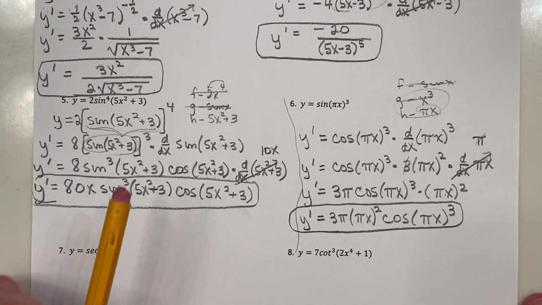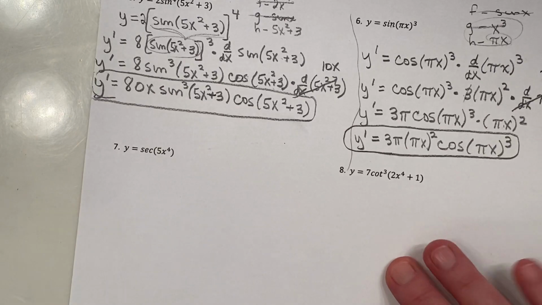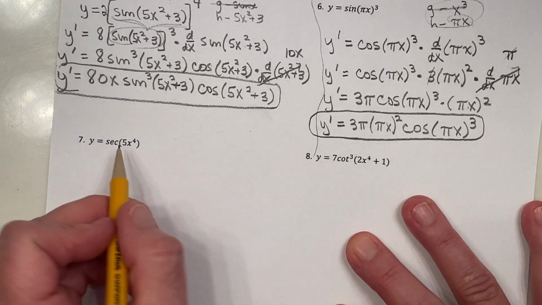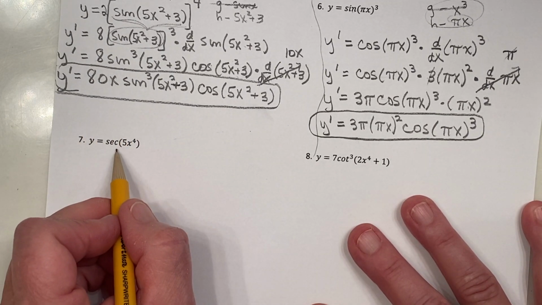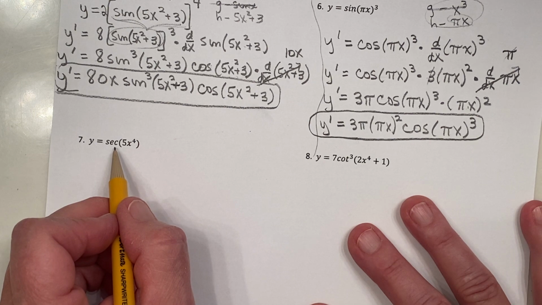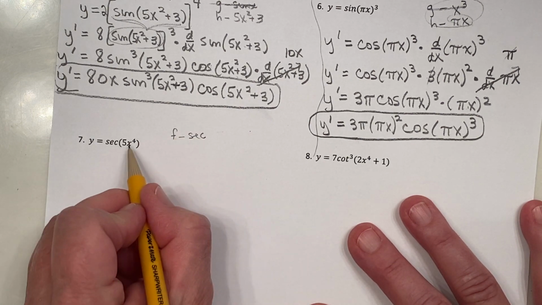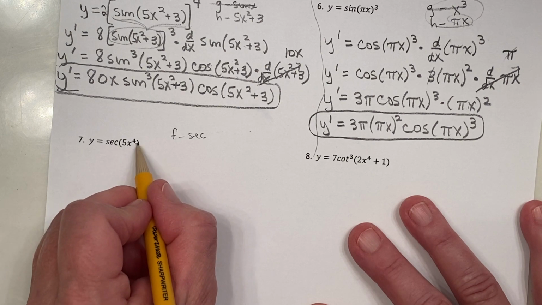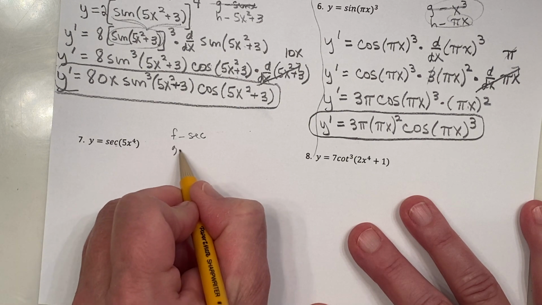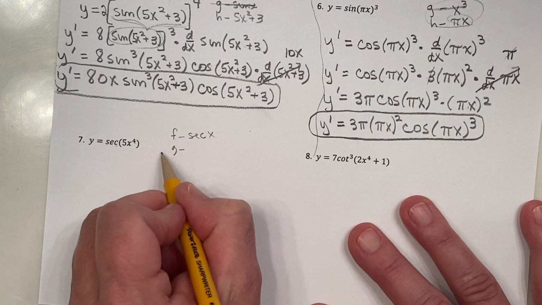All right, so let's try 7. Kind of studying the equation before I jump into the chain rule. The outermost function is actually secant. And I see that the 4 is not on secant, nor is it on the outside of this quantity. So actually we just have 2 functions.